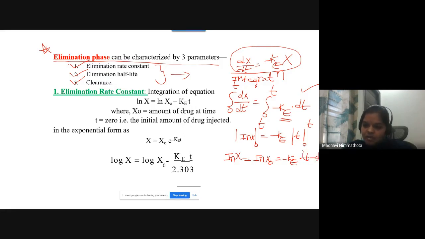Then ln x is equal to ln x naught minus ke into t. So you will get this equation.